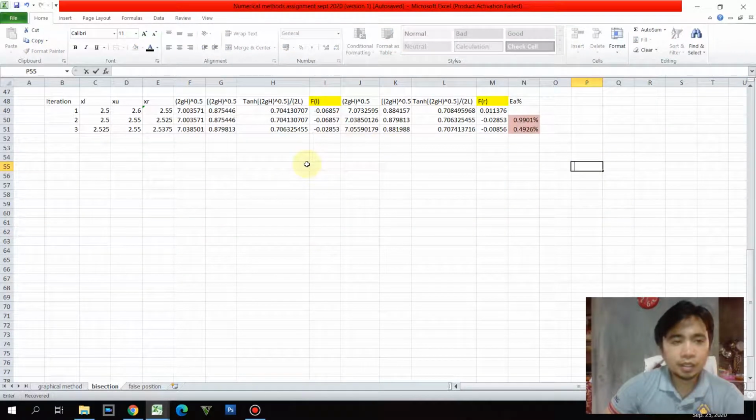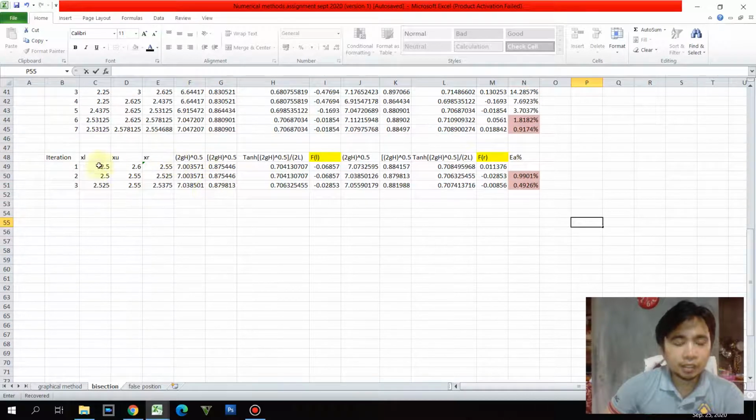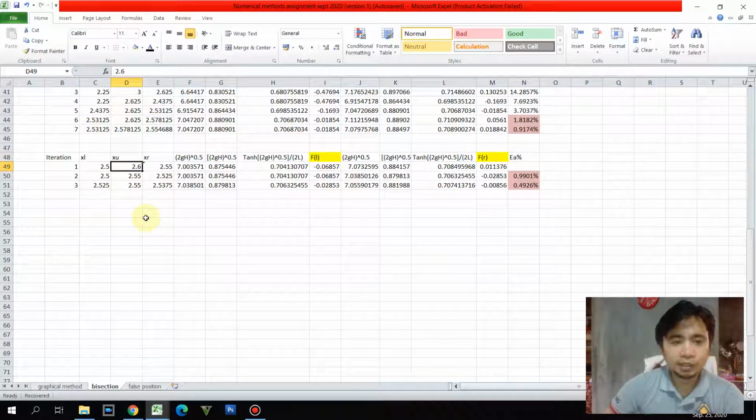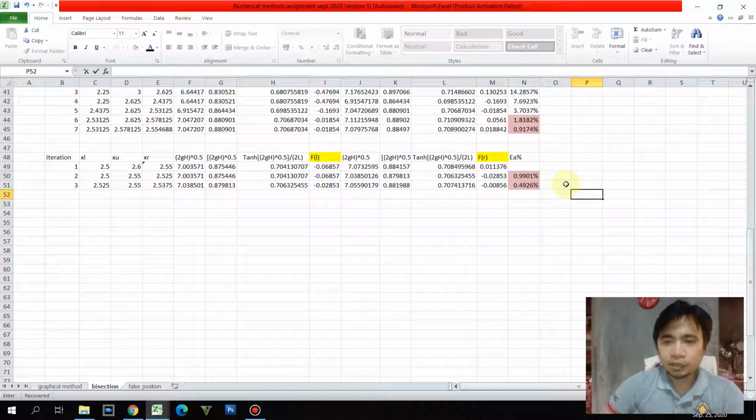And then finally, I have set my lower limit and upper limit to 2.5 to 2.6. And by this one, on the second iteration, I have obtained 0.99. That is actually the nearest to the value of 1%.